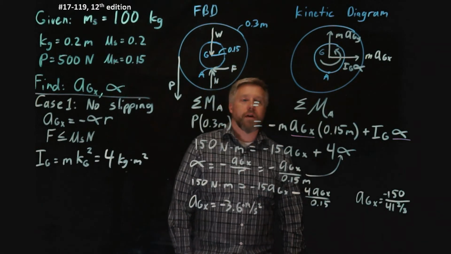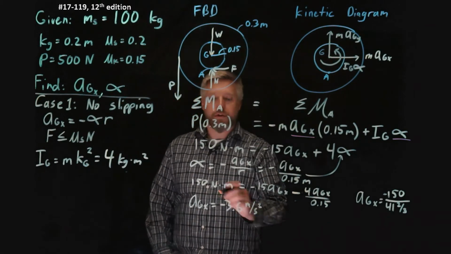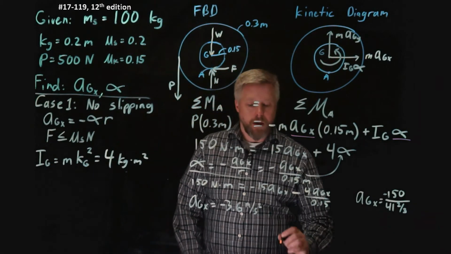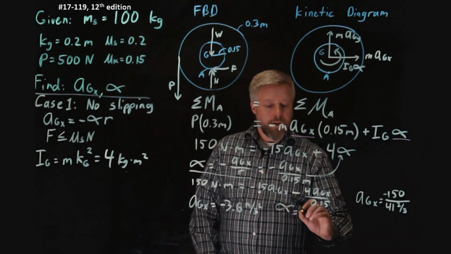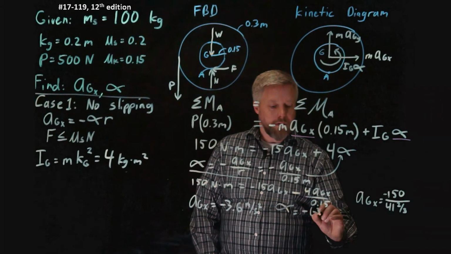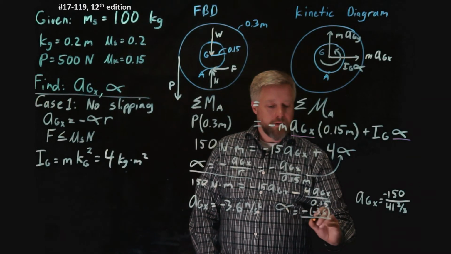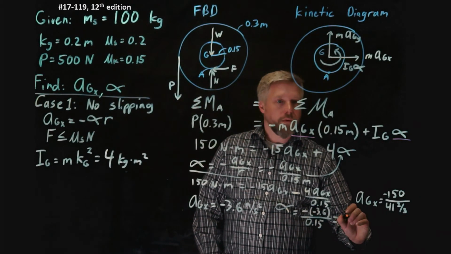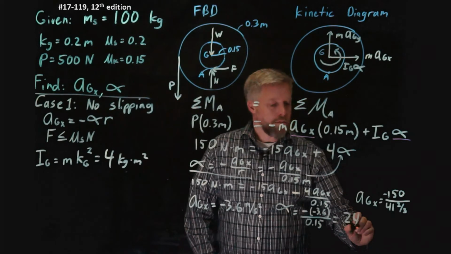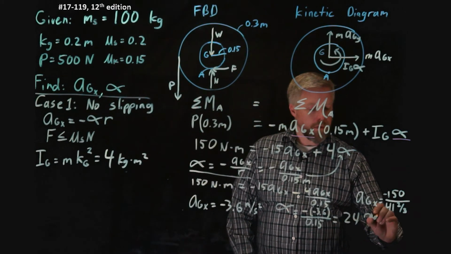Okay, we have found our AGX. In order to find our alpha, we just go up to this equation right here, and we say alpha is equal to negative AGX, which is negative 3.6, over 0.15, which is going to be equal to 24 radians per second squared.